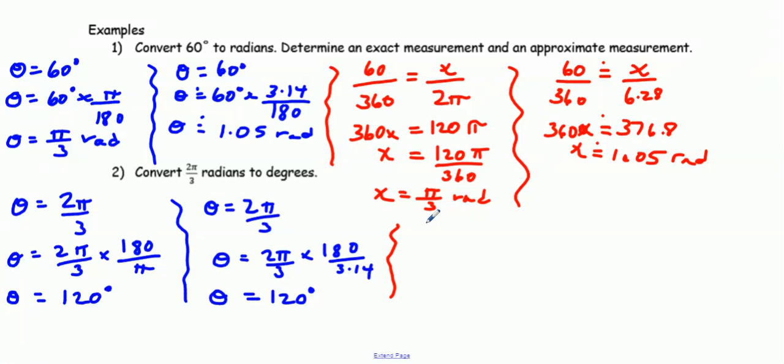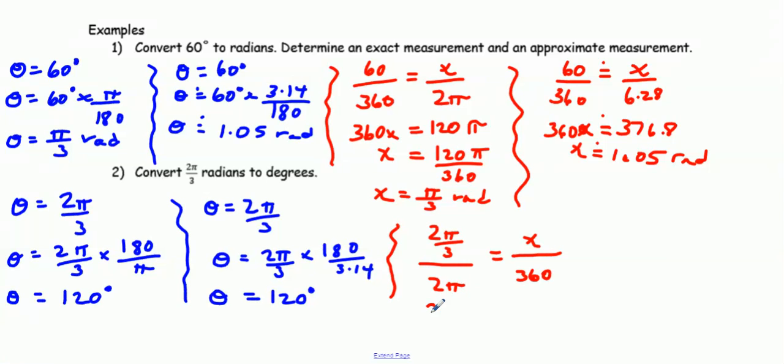If you're doing the proportionality method, you're just going to say 2 pi by 3 over 2 pi is equal to x, or theta, over 360 degrees.